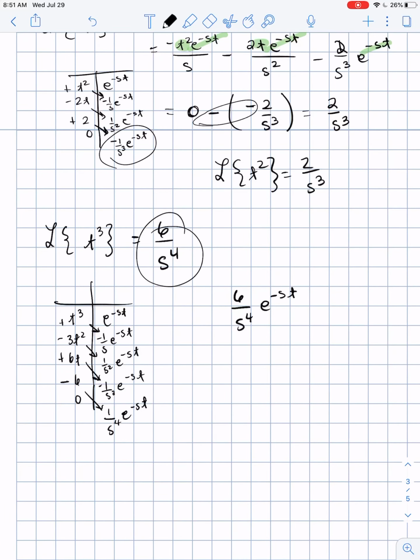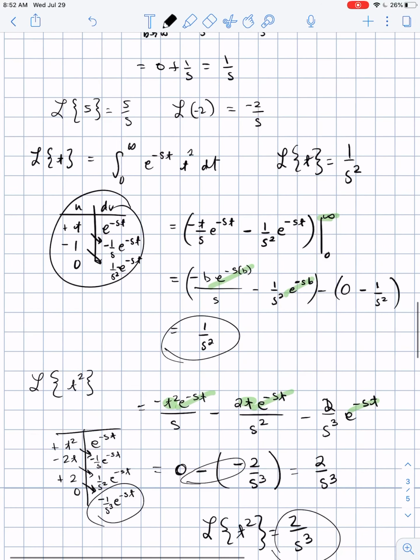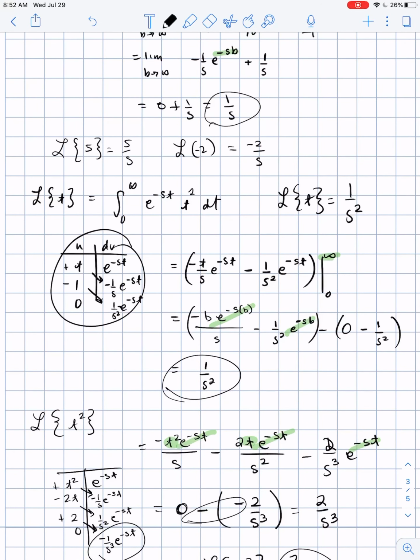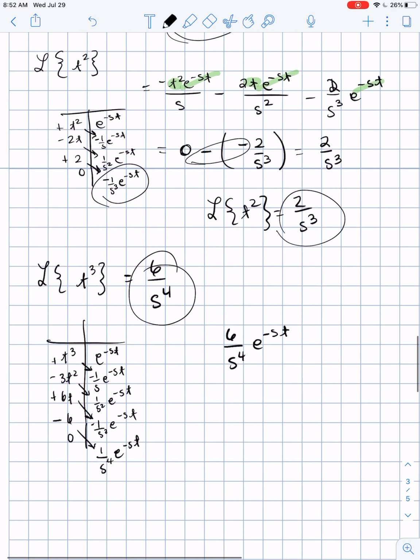So if you're looking at these properties here, right, even with the first one we did, 1 over s squared, then 2 over s cubed, and then 6 over s to the 4th. So you could see that the pattern that we have is going to give us a certain property where you could see that the exponent is increasing by 1.